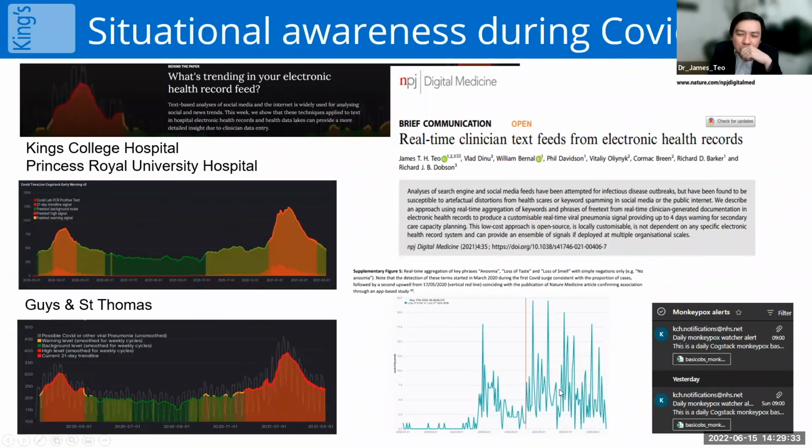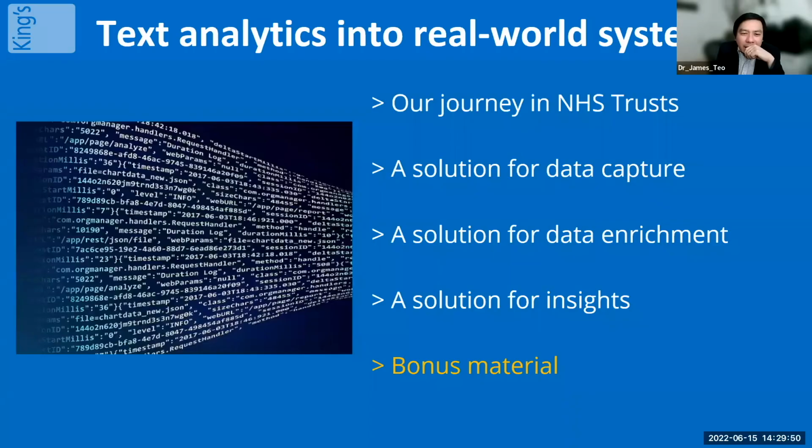As you can see, we have also started setting up these alerts for monkeypox and various other conditions, and this all sits in the background waiting for things to happen. So this has created a degree of situational awareness and observability of text. And I would like to show you the bonus material if I had time. Yes, I do have time.